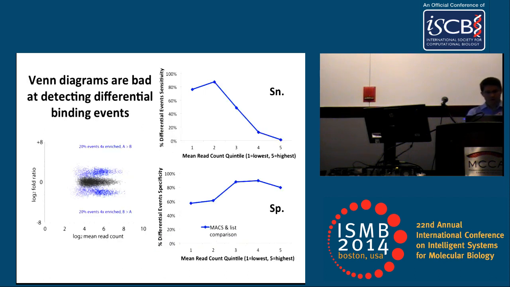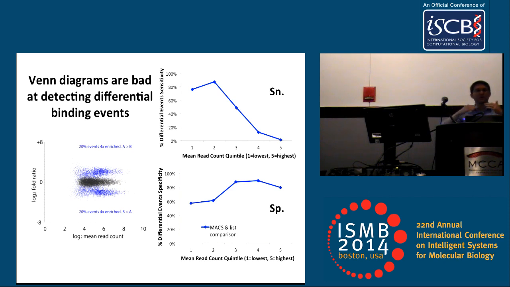So just to illustrate what the problems are here, I'll show you a quick example. Here's some simulated ChIP-seq data, it's all fake data. I've just simulated some to be differentially bound across these two conditions. Calling peaks in these two conditions separately is just setting up an arbitrary threshold.